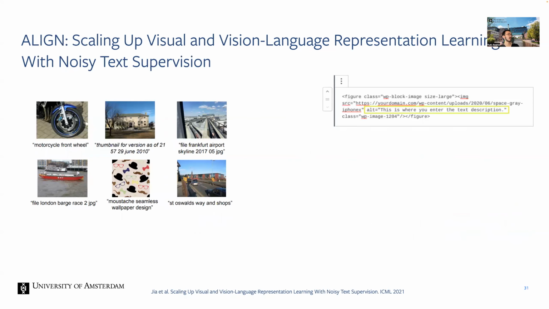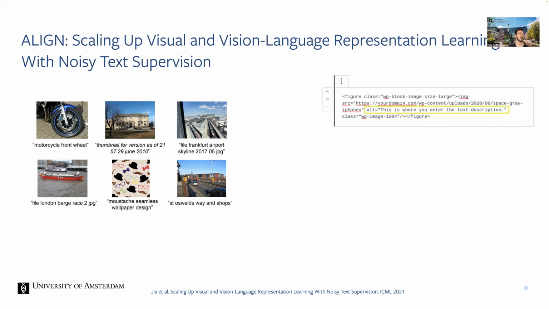All right, next we're going to talk about the ALIGN model, which basically uses a very dirty training dataset to start with. Namely, it uses alt texts. Again, not the first one to do this, but it's important. So alt text is if you hover over an image, for example, and there's a text description, usually meant for visually impaired people or for systems that automatically output what is in the image, and also for search engines.